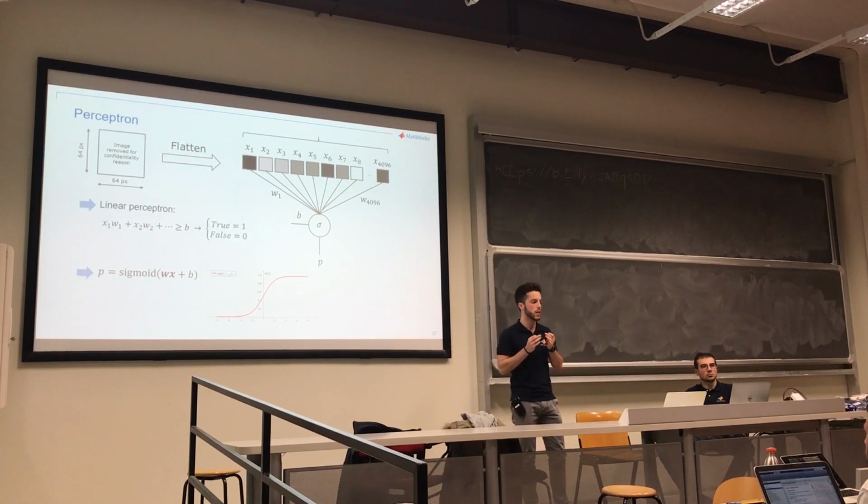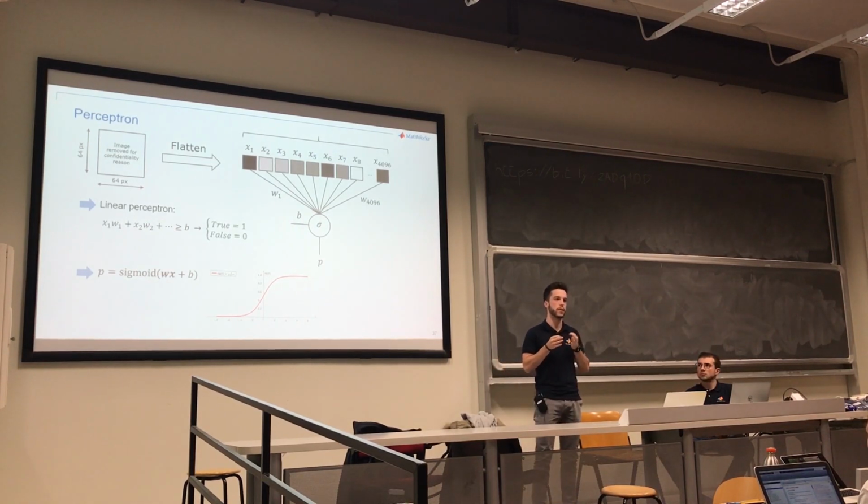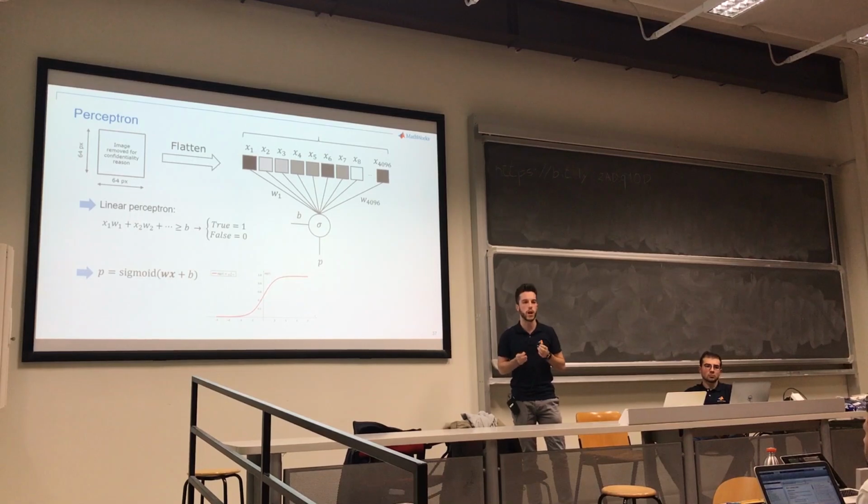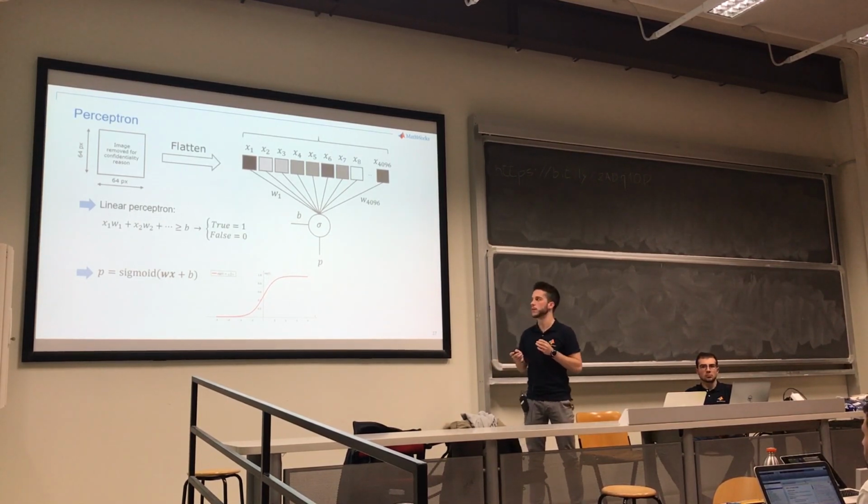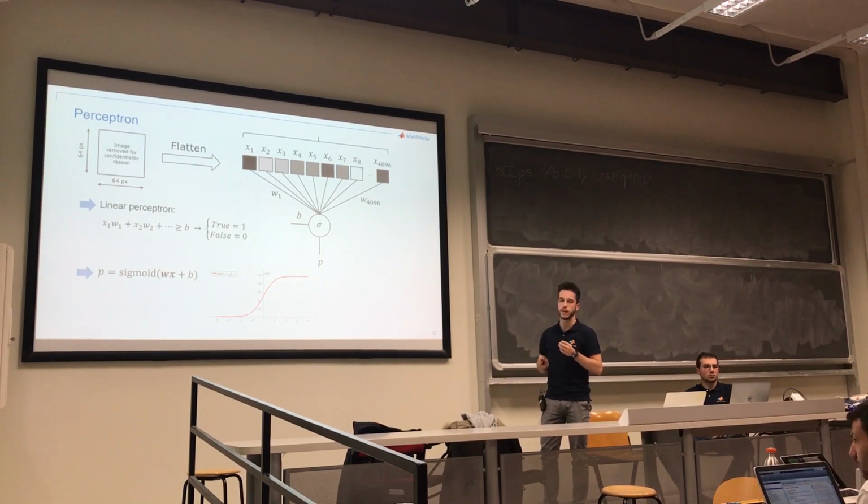So I can't finally tune all of the parameters, because if I change W1 a little bit, maybe I can pass from 0 to 1, and it's not correct, of course. I want to train the network changing the parameters a little bit continuously, so I can see the actual effect of my training.